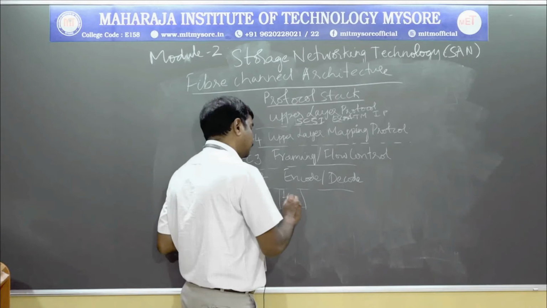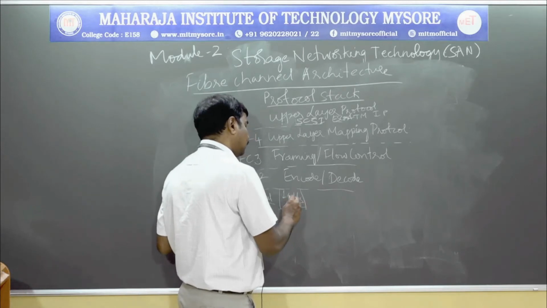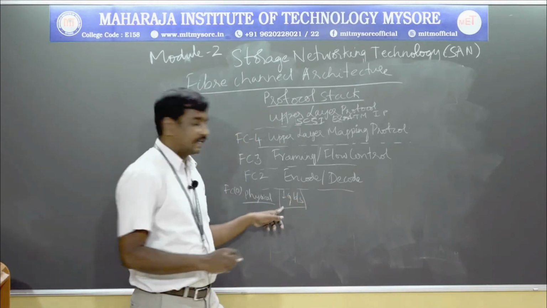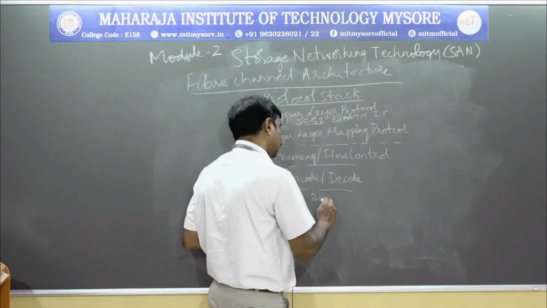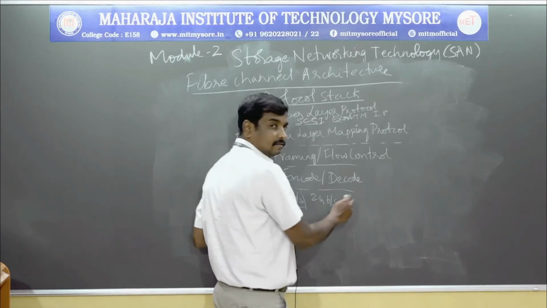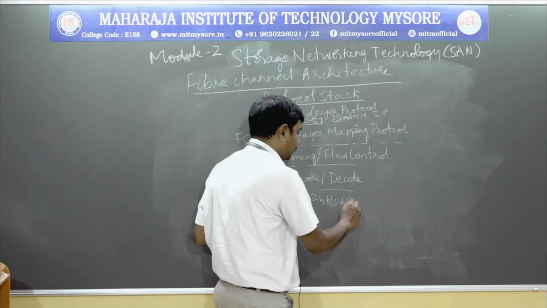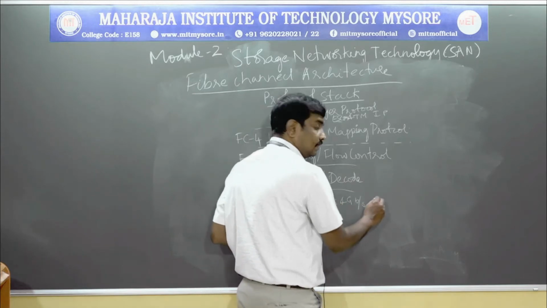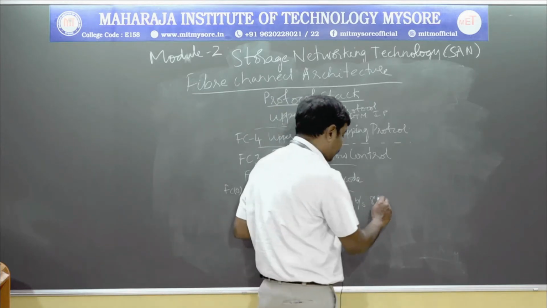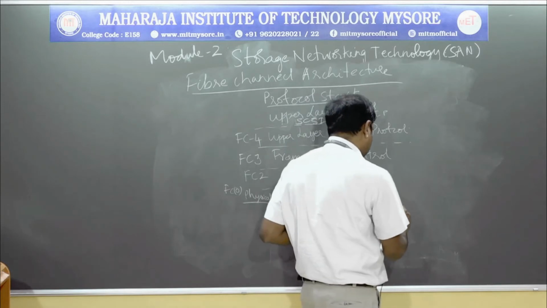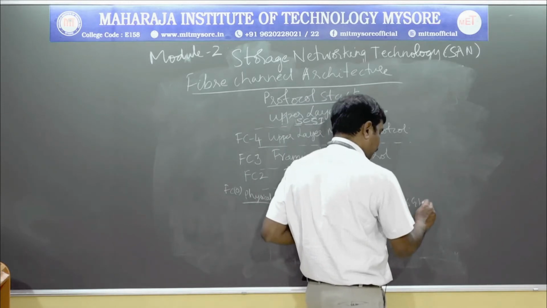The data transmission may be 1 gigabit per second, 2 gigabits per second, 4 gigabits per second, 8 gigabits per second, or else 16 gigabits per second.